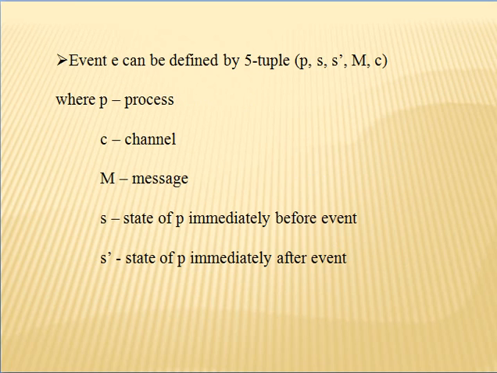A process can be defined by a set of states, an initial state, and a set of events that turn it from one state to another state. Actually, let's consider an event E in the process P. An event is an atomic action that may change the state of P itself and the state of at most one channel.